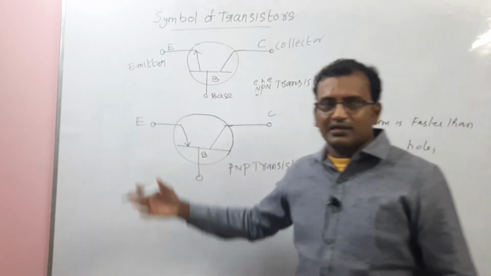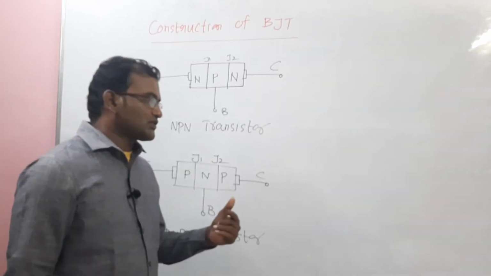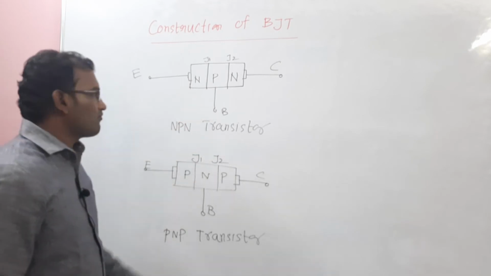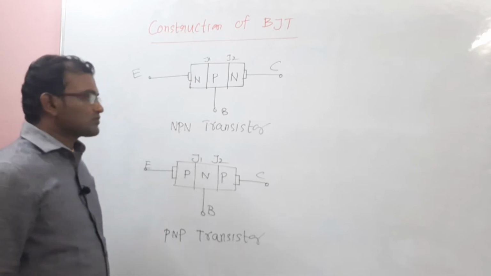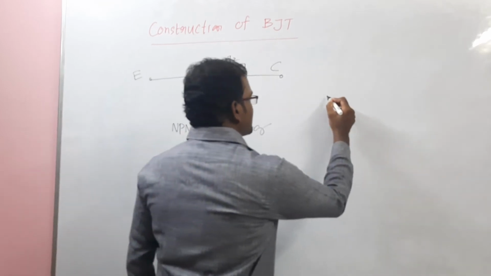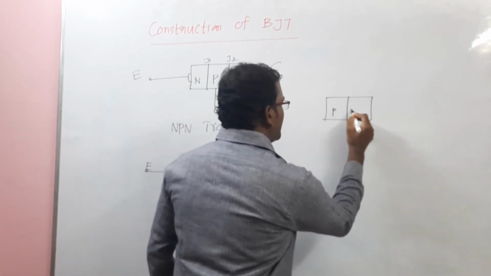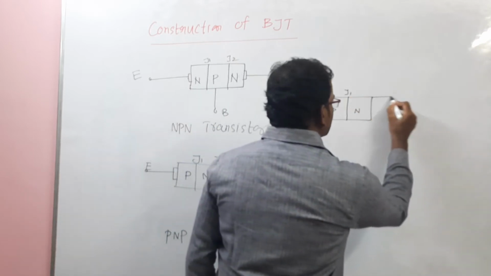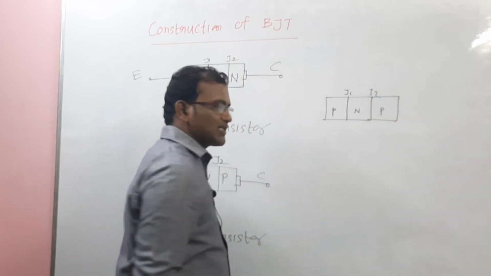Okay. Let's see the construction of NPN transistor. So these are the constructions of BJT. First one is NPN transistor and second one is PNP transistor. Construction means, as we know, junction: this is P, N, this is one junction and next one is N, P and this is another junction.